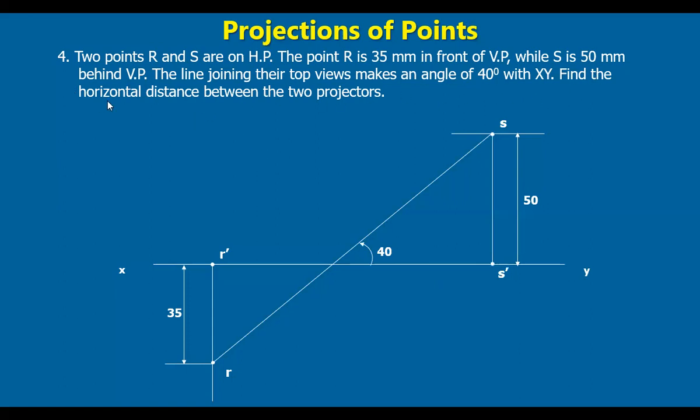So find the horizontal distance between the projectors. This is one projector and this is another projector. You are asked to find the horizontal distance between these two, so you have to measure this distance and write it here. That's how we get the projections and the required data.